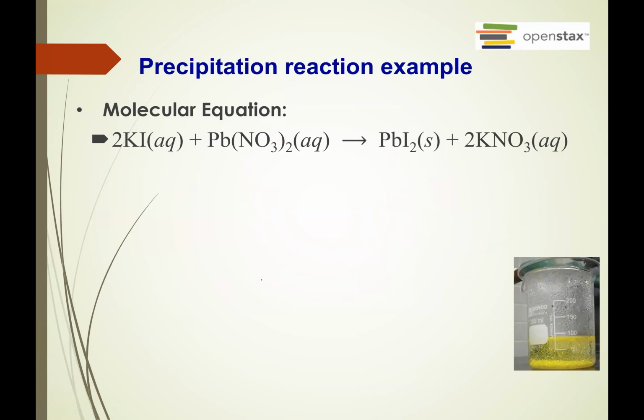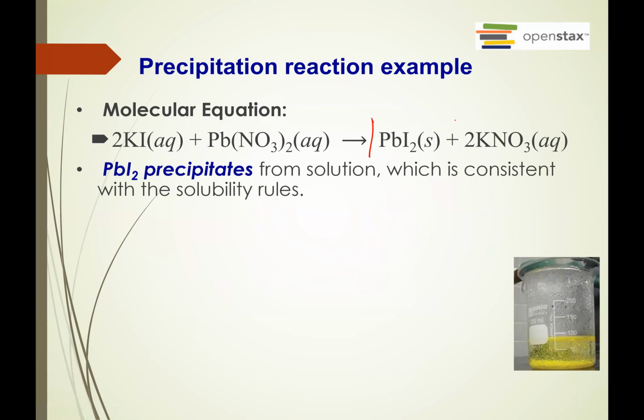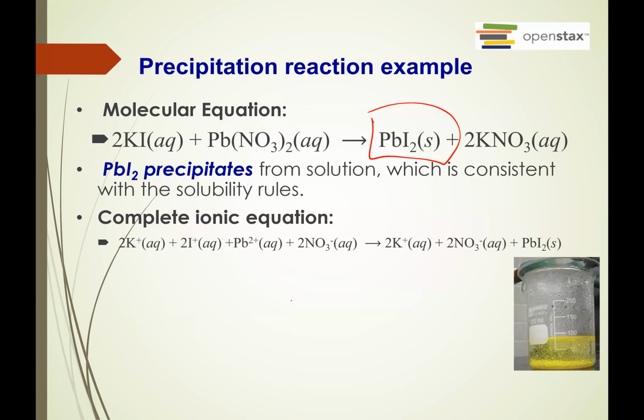Okay, so that's our molecular equation. And again, this is our solid, which is called a precipitate, which does not come apart. So we break everything else up except for the solid. Here's the same thing. There's our 2Ks, our 2 I's.